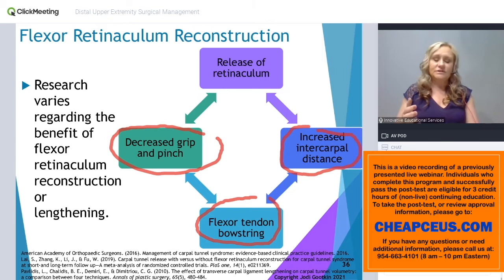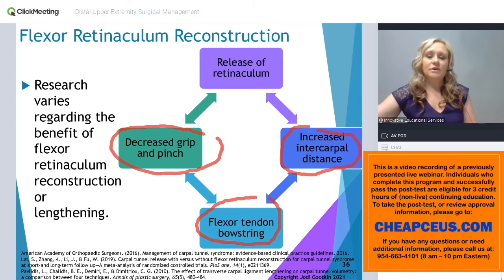They looked at several different studies, about 600 patients. They said in the short term that the grip was different in the patients that had the retinaculum reconstruction versus those that didn't. But in the long term, once healing had occurred, they had very similar outcomes in terms of their grip and pinch strength. So one procedure wasn't necessarily better than the other.